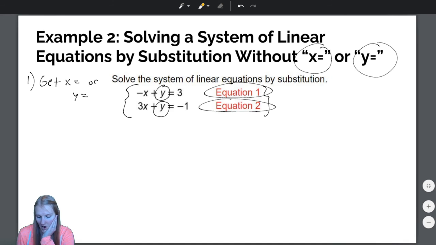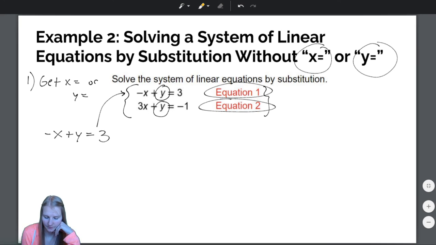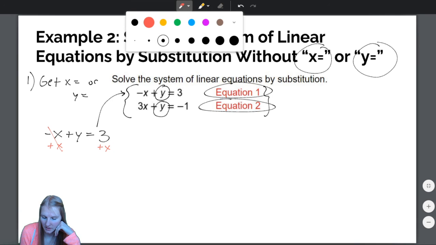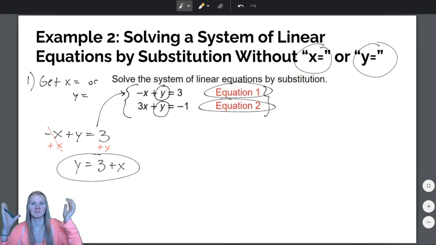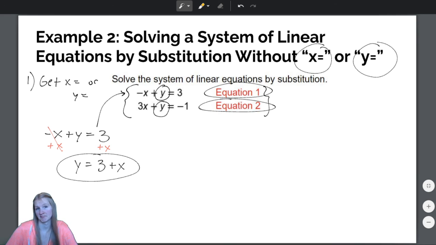I'm going to pick equation number 1, x plus y equals 3, because, watch this, all I have to do is subtract x from both sides, and then boom, y equals 3 minus x. Done. Step 1 is done.